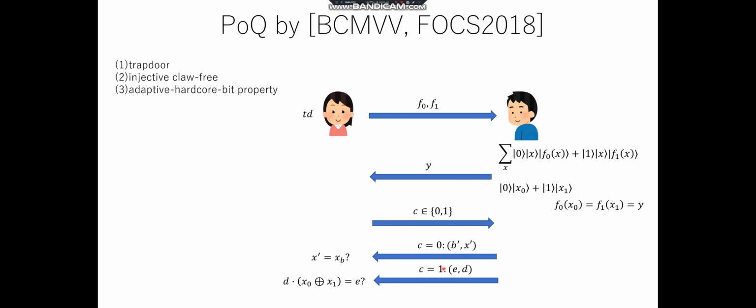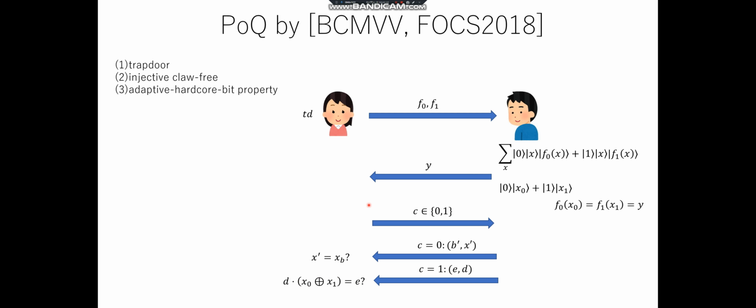If c equals 1, the prover measures this state in the Hadamard basis and sends the measurement result to the verifier. The verifier checks whether this property is satisfied or not. If this is satisfied, the verifier accepts. Otherwise, the verifier rejects. The completeness is very clear.